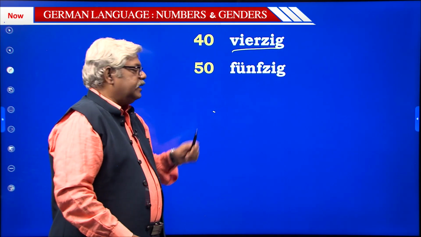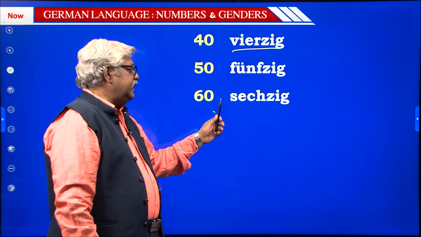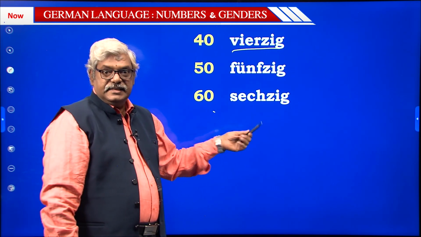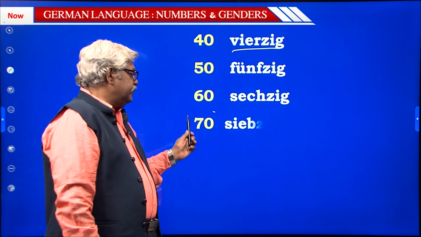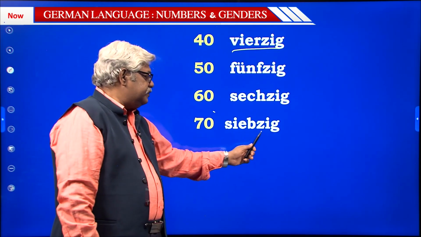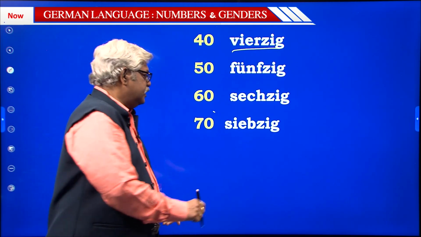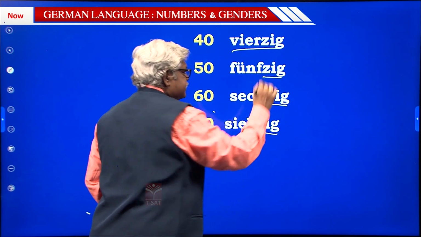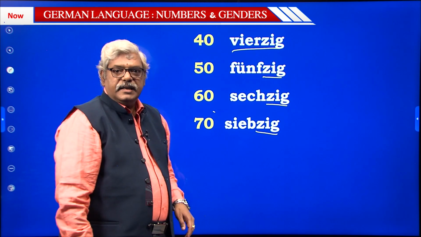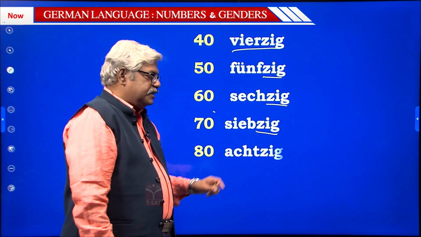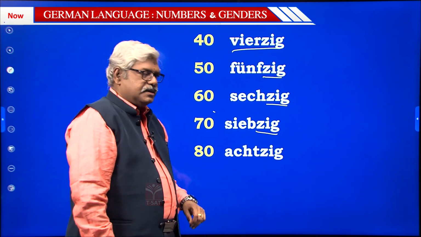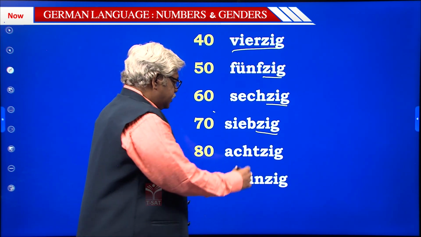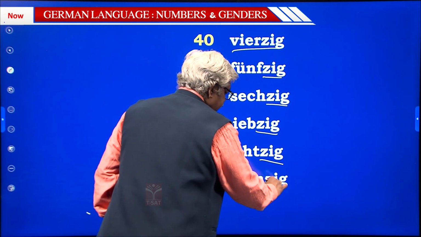After 50, the next would be sixty, then seventy, then eighty, then ninety. Look, all of them have the same endings.